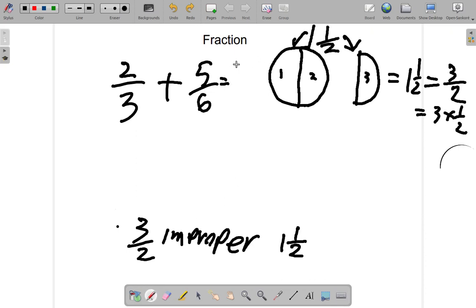So therefore 2/3 plus 5/6 is really 3 halves. An improper fraction.